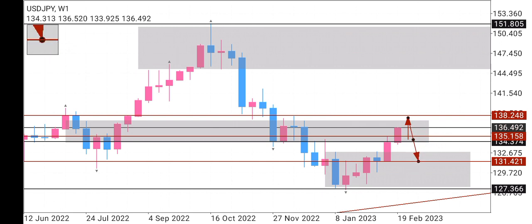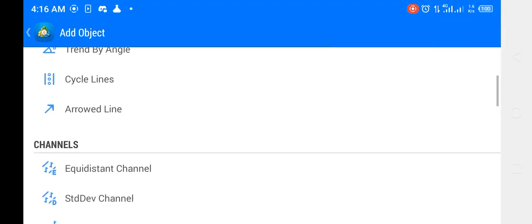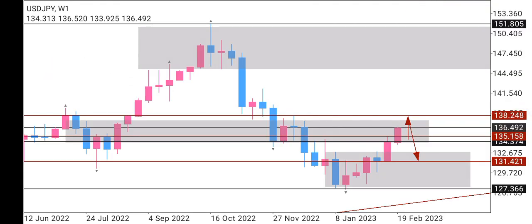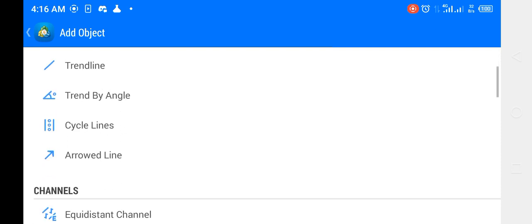Let's take this first POI. So we have this zone, then we'll now hit here, another retest.